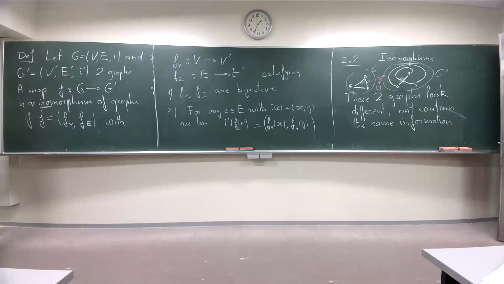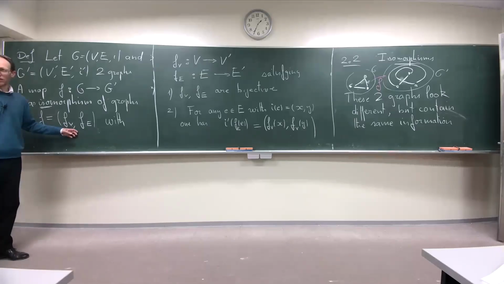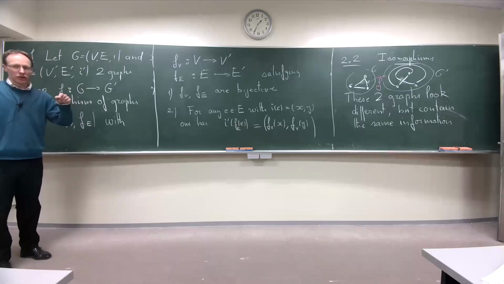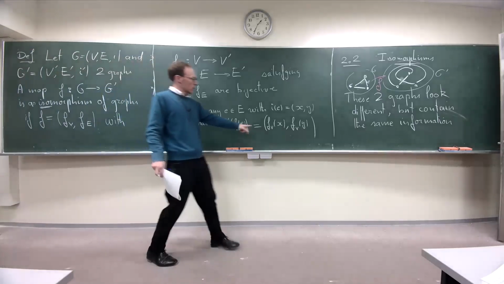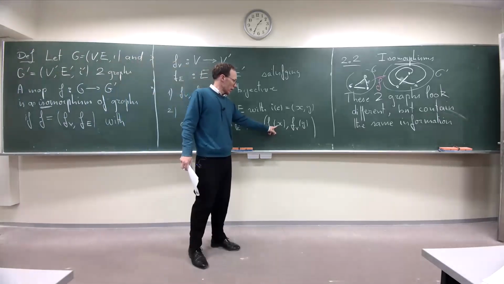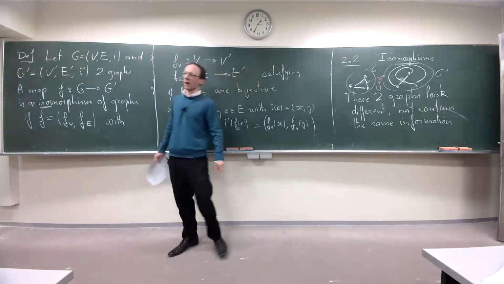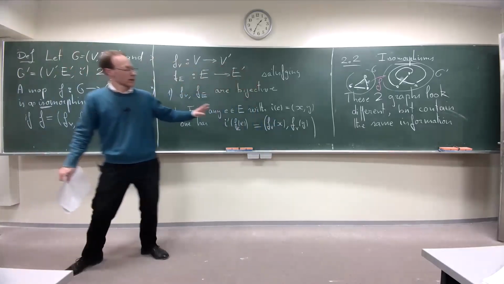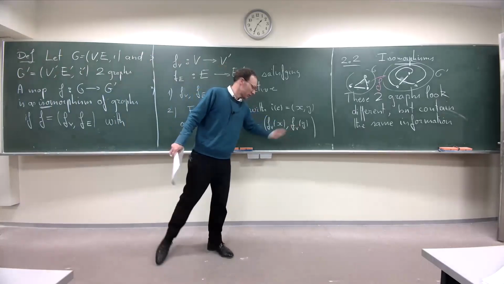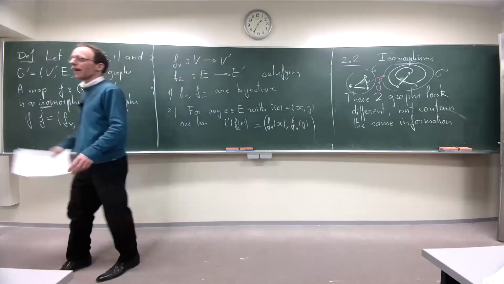It's a compatibility between these two functions. If you take an edge and look at the image of this edge, then the two endpoints have to be equal to taking this function, applying it to the initial vertex and to the final vertex, which is quite natural.